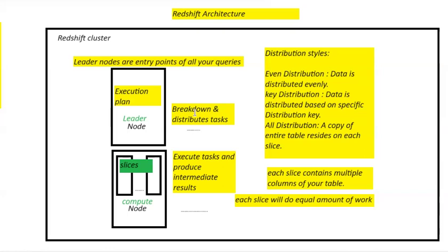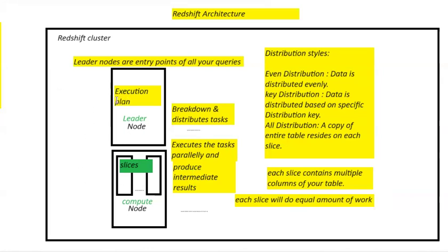This leader node will break down and distribute the task, whereas the slices execute the task in parallel. How do they execute the task? In parallel, and produce the intermediate result. These slices will execute all the tasks in parallel and produce intermediate results. Remember, each slice will do an equal amount of work. Then finally, what results are generated?